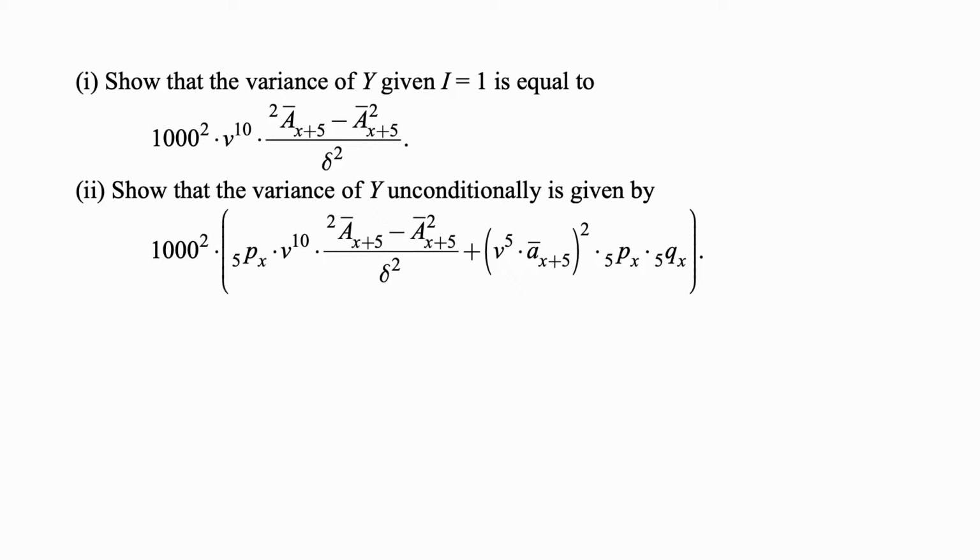And part 2, show that the variance of Y unconditionally is given by 1000 squared times 5px times v to the 10th times (2 a-bar x+5 minus a-bar x+5 squared), the whole quantity divided by delta squared, plus v to the 5th times a-bar x+5 squared times 5px times 5qx.